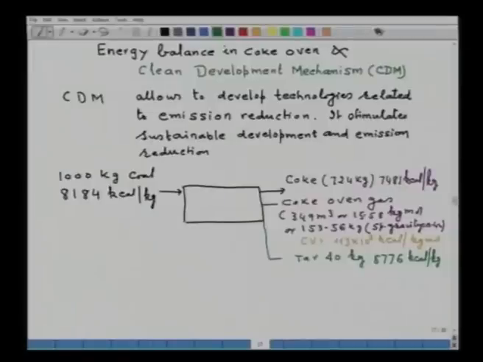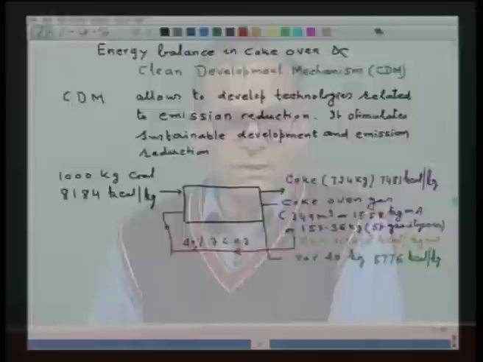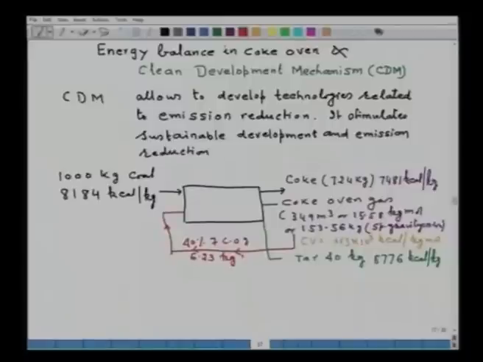Now, what we are doing is that, say 40% of coke oven gas is recycled into the coke oven chamber for combustion, and this 40% corresponds to 6.23 kg mole, used for burning and supplying the heat to the coke oven chamber.